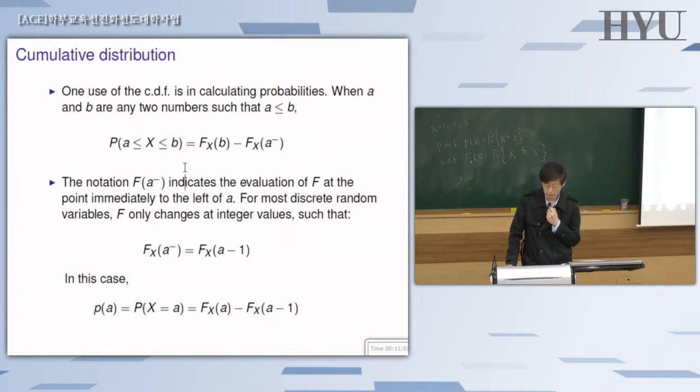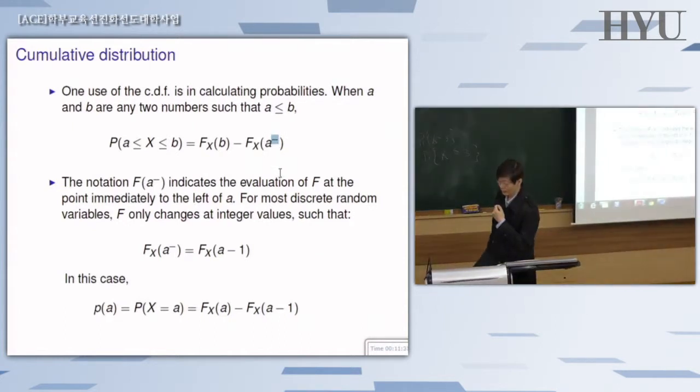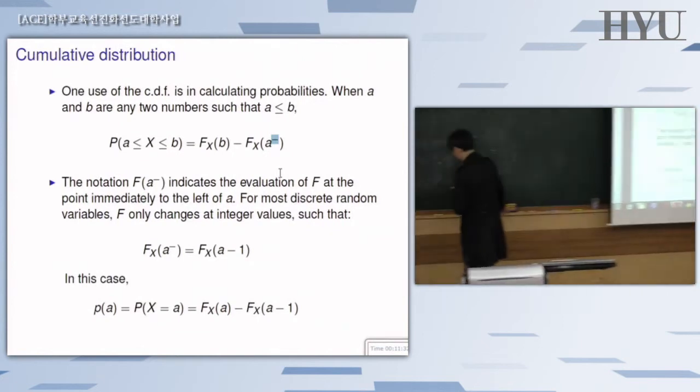How do you compute this probability? You can depend on the CDF function. First, evaluate this function at the right end point, which is bigger number, b, and then subtract the same function, but evaluate it at a different point, and that second point is a minus. And this is not a typo. And that means immediately next to it, but on the left hand side.